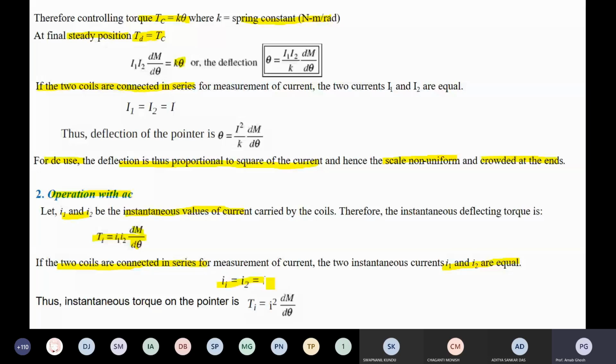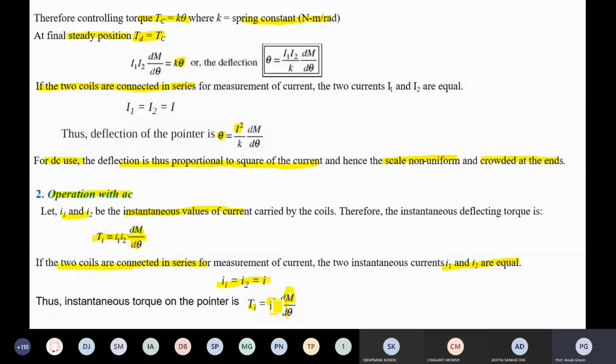So Ti equals i square dM/dθ. In DC, I is uppercase, meaning average value. In AC, i is lowercase italic, meaning instantaneous value.